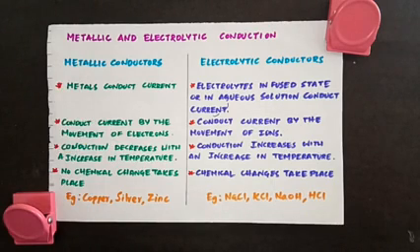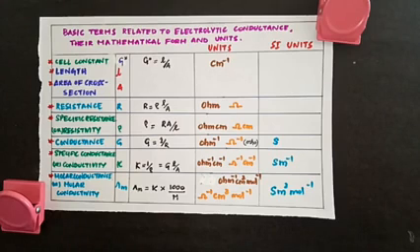Now we will see those basic terms which we will be using while we talk about electrolytic conductors or generally conductors. When we are talking about the conduction of current through a conductor, certain terms are used to define or explain about the conduction and also about the conductor. The first term is cell constant, which is represented as G star.